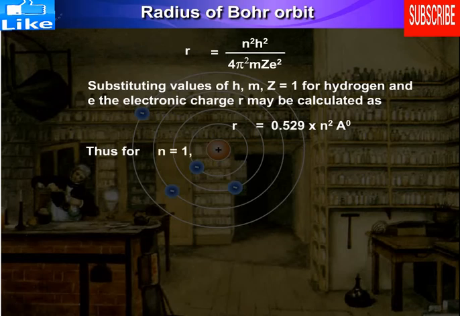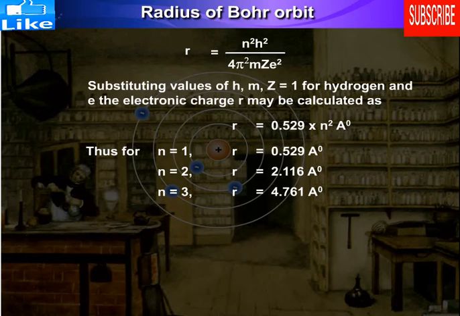Thus for n equals 1, r equals 0.529 angstroms. n equals 2, r equals 2.116 angstroms. n equals 3, r equals 4.761 angstroms. n equals 4, r equals 8.464 angstroms. n equals 5, r equals 13.225 angstroms, and so on.